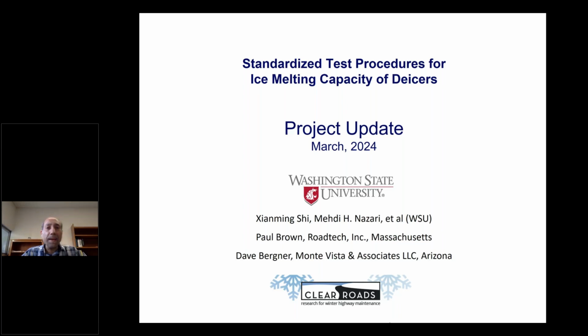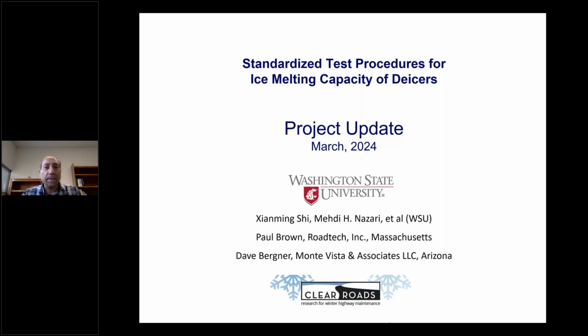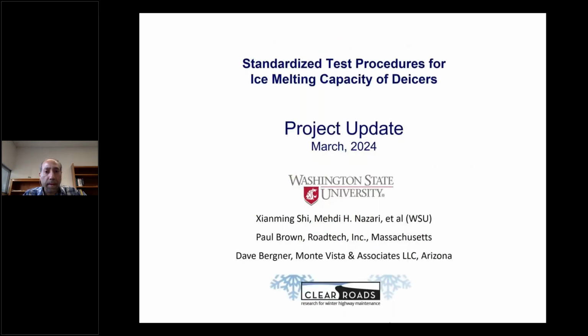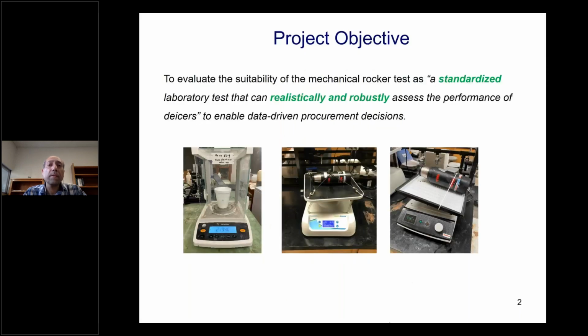Thanks. So let me start. In this project, the objective was to evaluate the suitability of the mechanical rocker test as a standardized laboratory test that can realistically and robustly assess the performance of the de-icers for data-driven purchasing decisions.